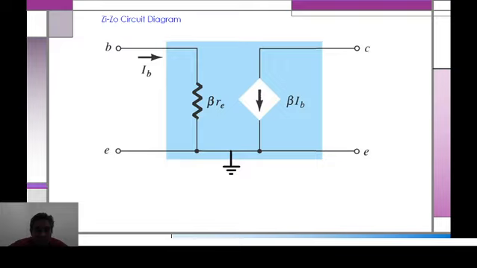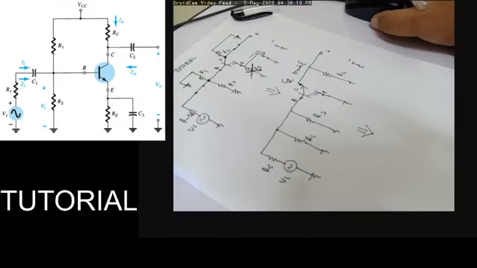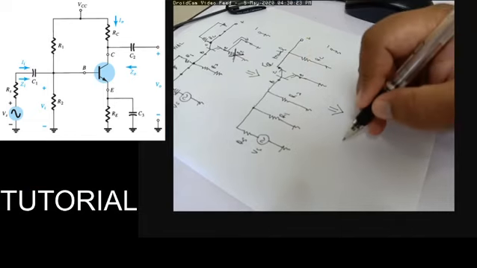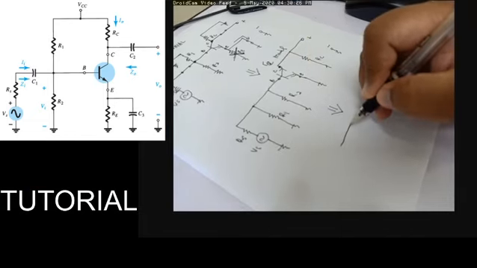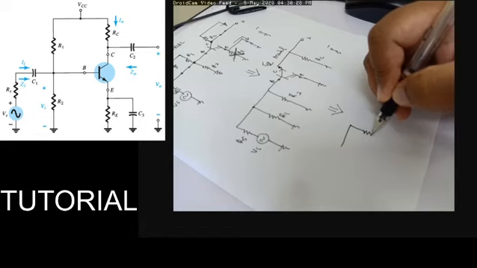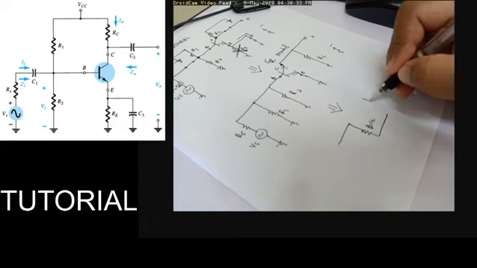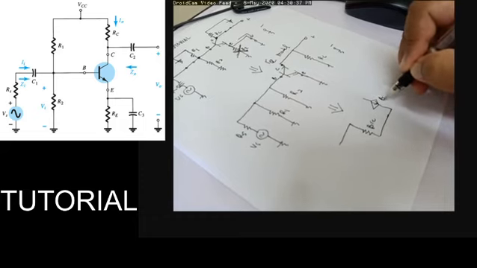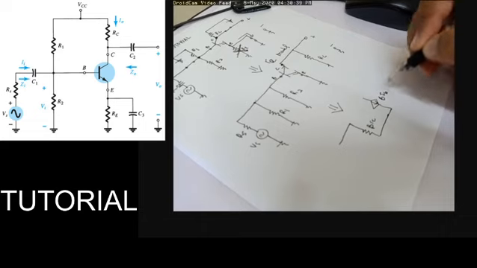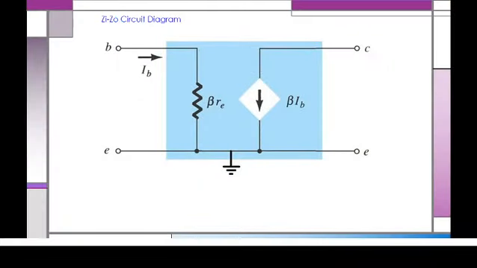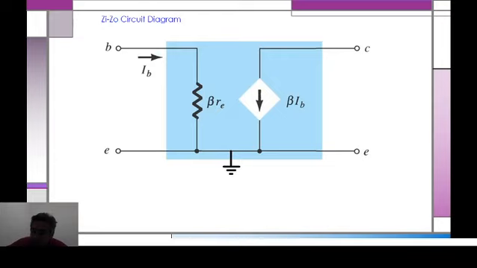So now let's see what's going to happen in our circuit. What we have right now here is beta re, and here beta IB. Is it correct? Beta re, beta IB, same thing.